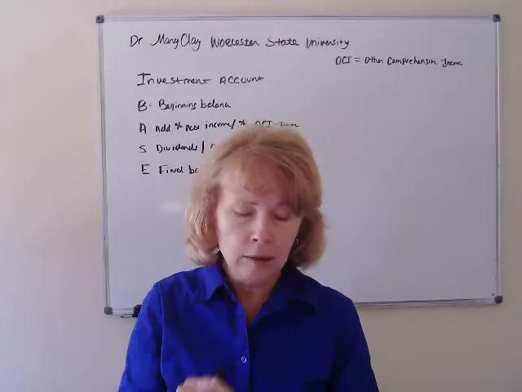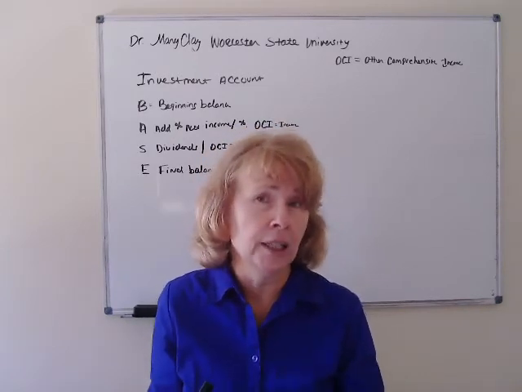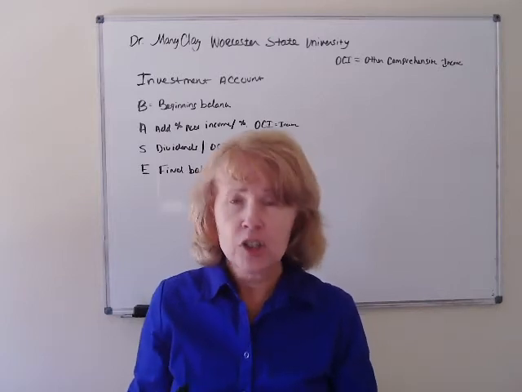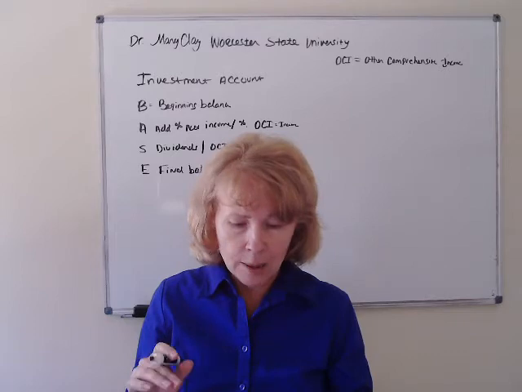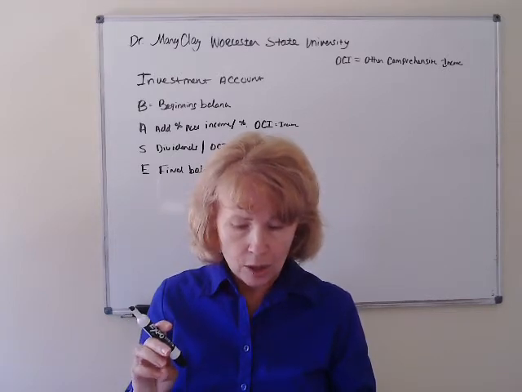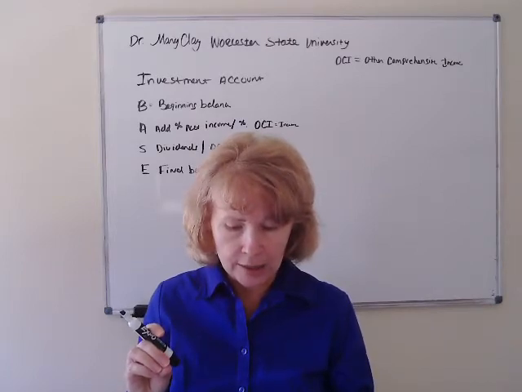Now, pay close attention because we're going to do some things different when it says other comprehensive income. If it just said net income, that would be different, okay? Steel also declares and pays $20,000 in dividends.